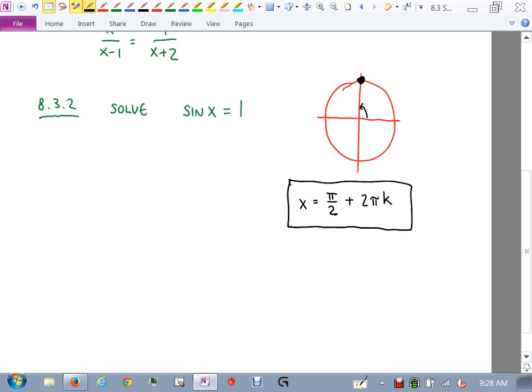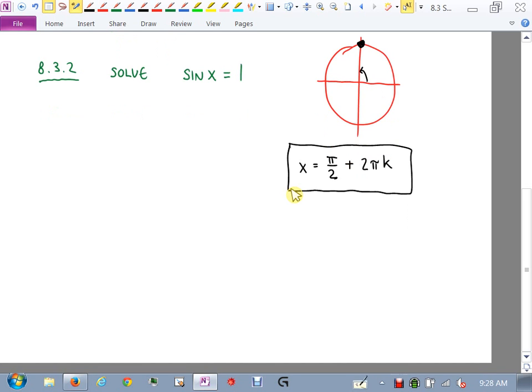Now, let me change the problem slightly. Solve sine x equals 1. I want to use the same notation the book uses, where 0 is less than or equal to x is less than 2 pi.